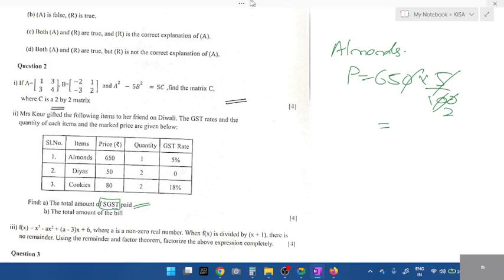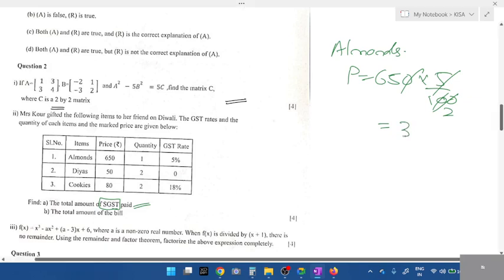So if it is GST, how much should I take? See, GST value is 32.5, right? If it is SGST, it should be half of this. What do I have to do? Divided by 2, students. You'll get 16.25 is the answer.